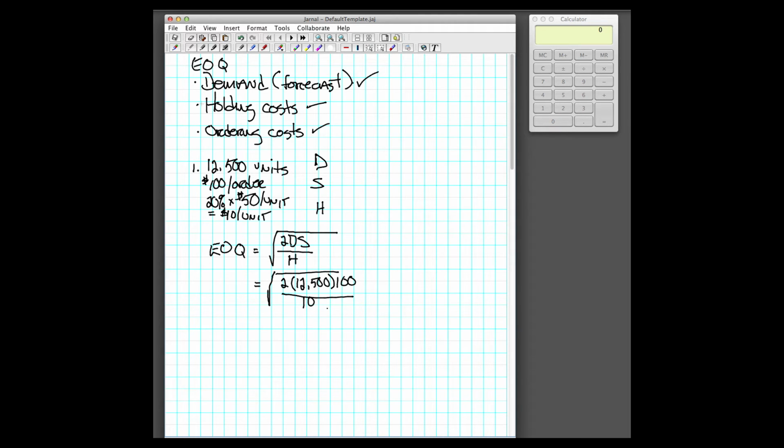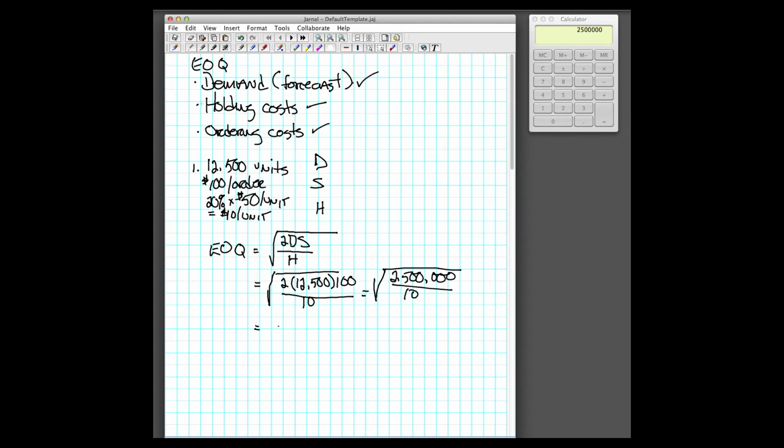Now we've got a little bit of mathematics to do here, but this is nothing more than the square root of the following: 12,500 annual demand times ordering costs of 100 times 2, or, counting up all our zeros, 2,500,000, divided by 10.